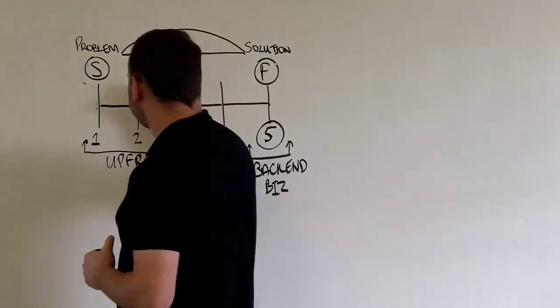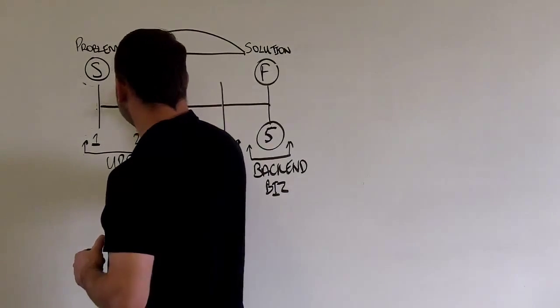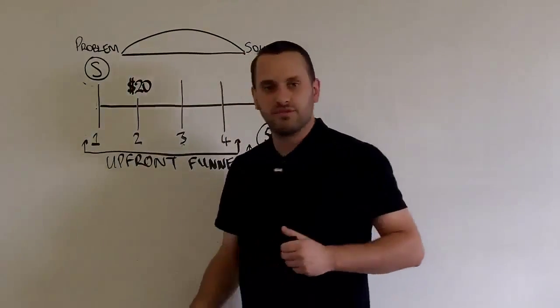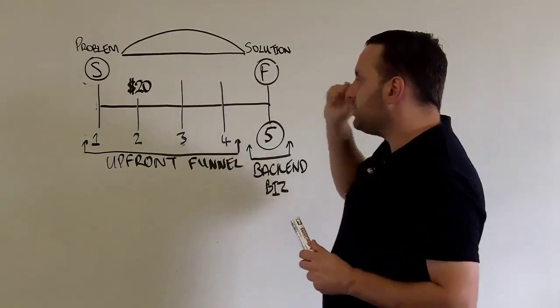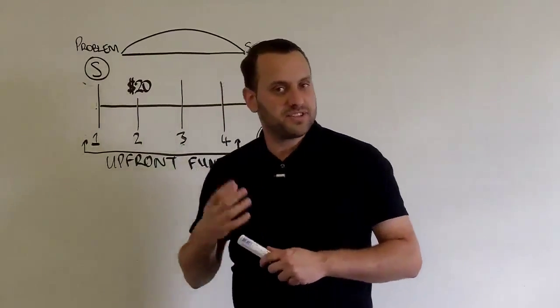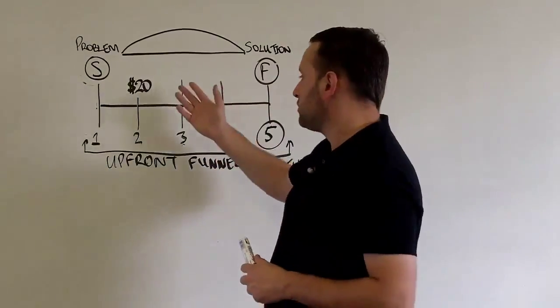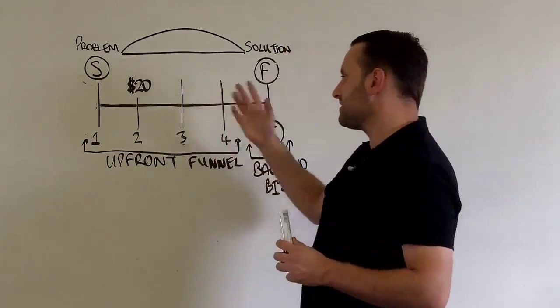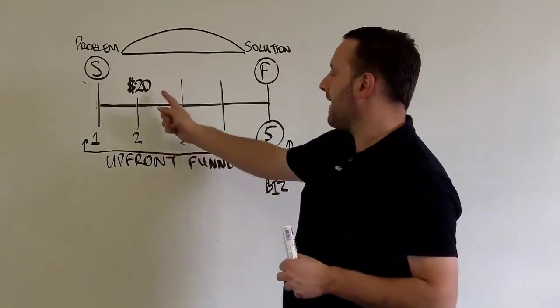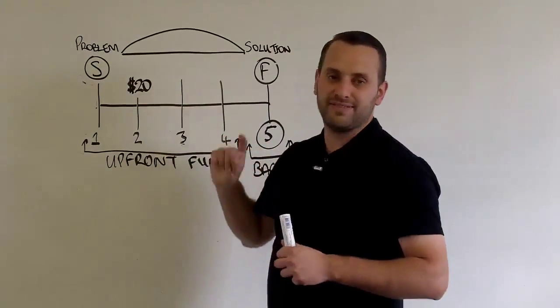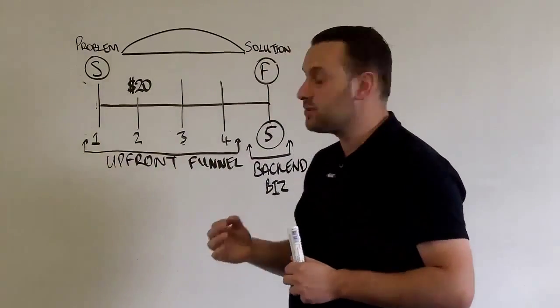Now, I just want to give you a good example here. If that was just something crazy low, like $20, and you wanted to make, let's say, $10,000 a month, how many of these are you going to have to sell to make $10,000 a month?